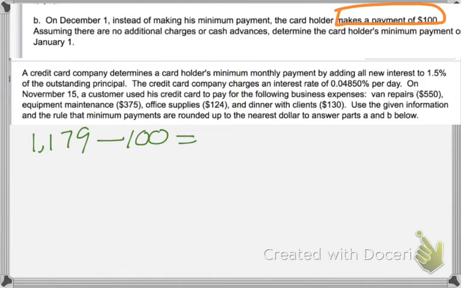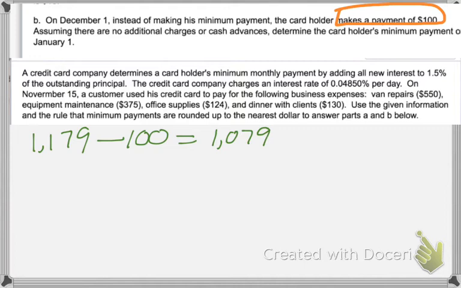So at this point, the day he paid his bill, he now owes the company $1,079 because he paid off $100 of what he borrowed. However, now that it's December the 1st and he didn't pay off the whole balance, now the company can start charging him interest.